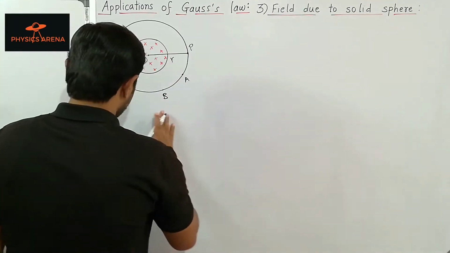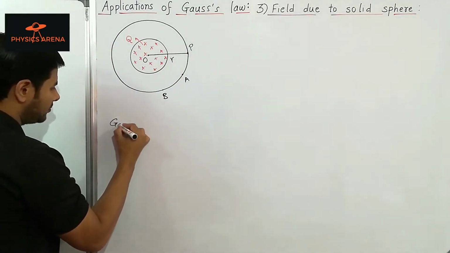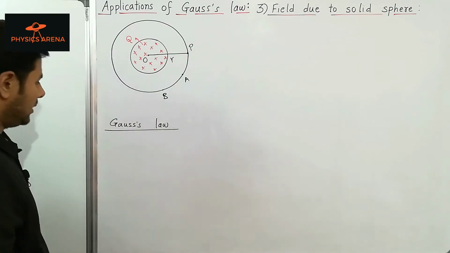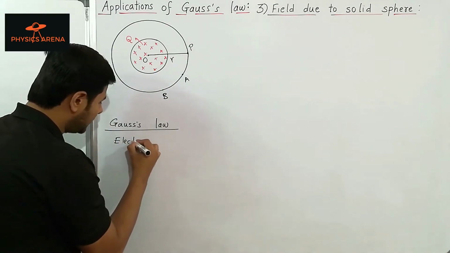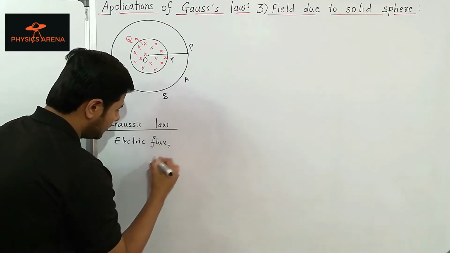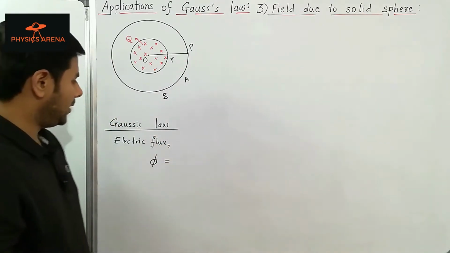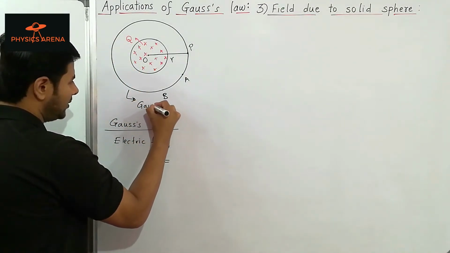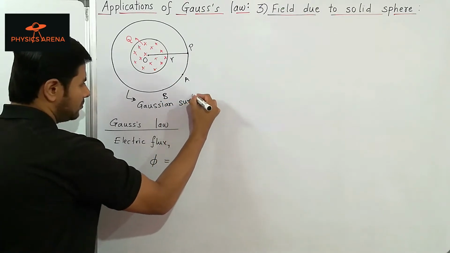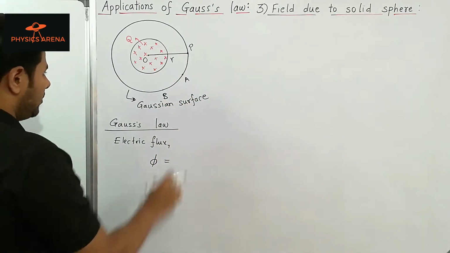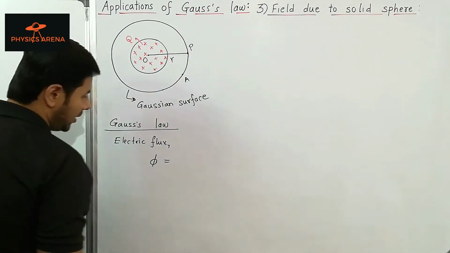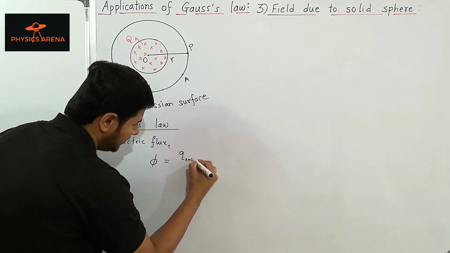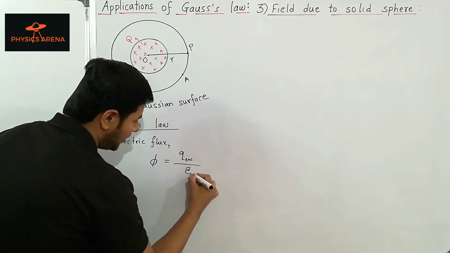So now let us recall the Gauss law. And Gauss law says that the electric flux phi through any closed surface, so this is our closed surface or Gaussian surface, is equal to charge enclosed, so Q suffix enc is the charge enclosed, divided by epsilon naught.